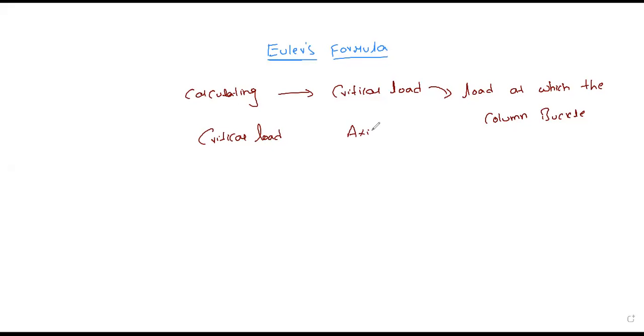So critical load should always be greater than or equal to the axial load. Then your column is going to be safe. This is what you have to achieve when you do your design.